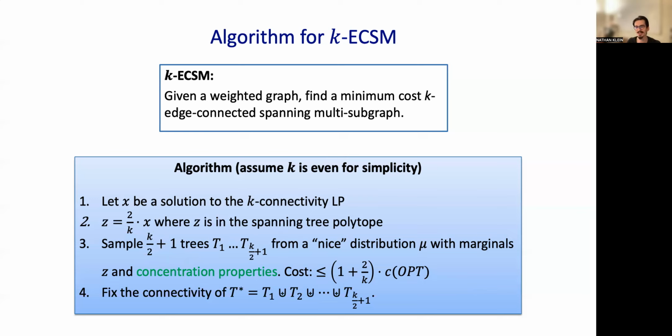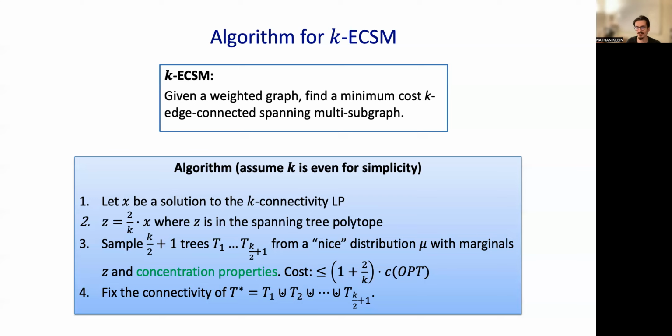The issue is, of course, that a priori, we have to worry about 2 to the n cuts. And this is basically the reason that Karger's algorithm has a log n and not a log k. He kind of union bounds over all cuts, but we'll manage to get around this.